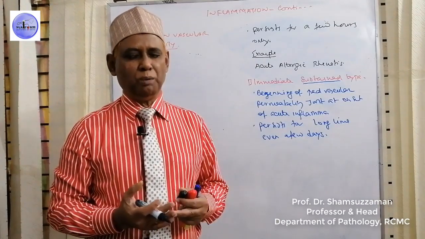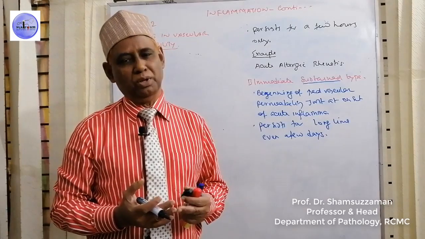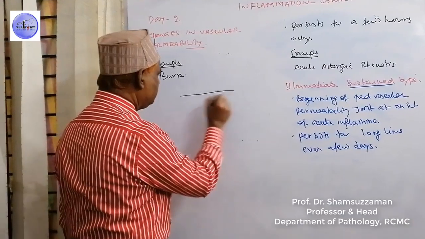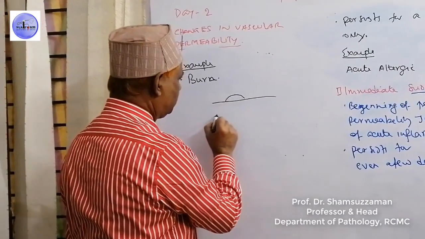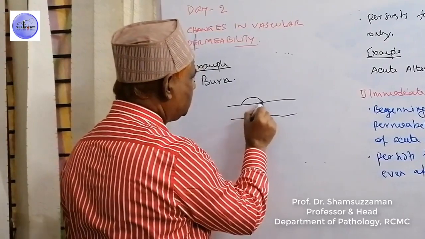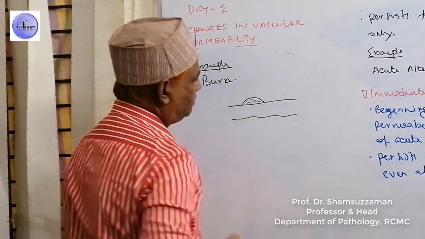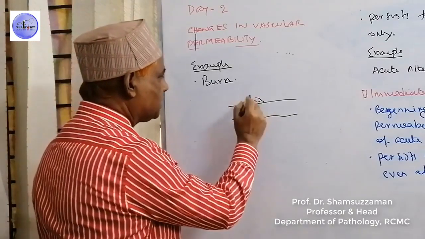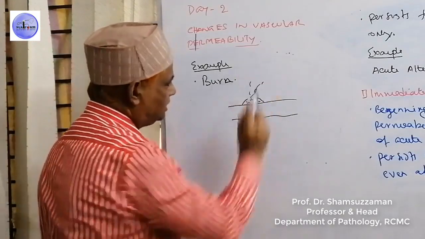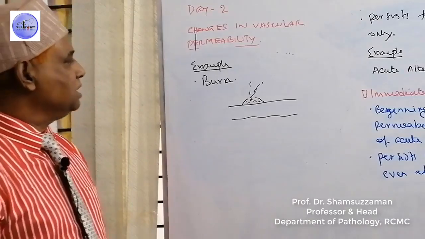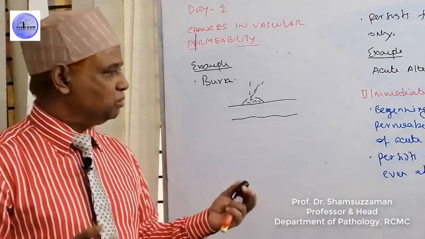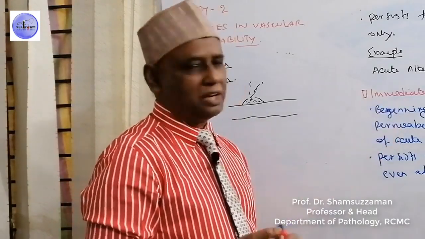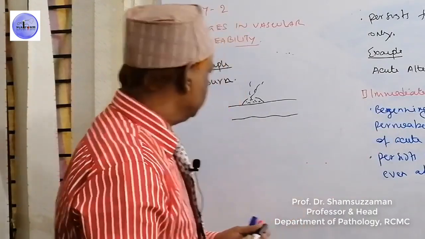The fluid of the blister is due to increased vascular permeability. Suppose this is a blister on the skin surface containing fluid. If it ruptures, there is oozing, and this oozing or watering persists for a few days. So this is an example of the immediate sustained type.